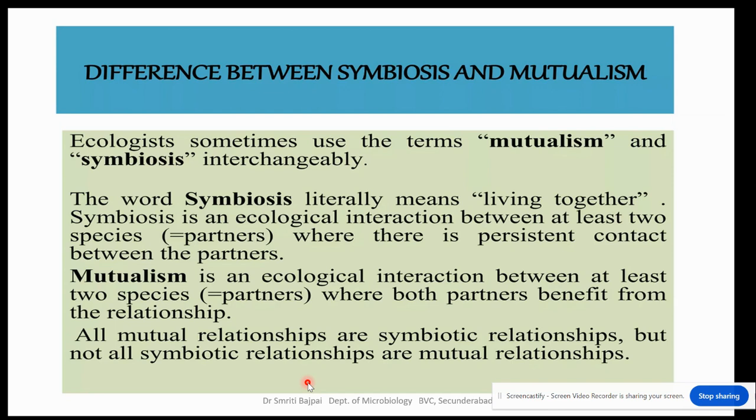But there is one more term, symbiosis. Sometimes there is confusion between symbiosis and mutualism, so let's discuss it here. Symbiosis means living together. It is an ecological interaction between at least two species where there is persistent contact between the partners. In mutualism, both partners benefit from the relationship.